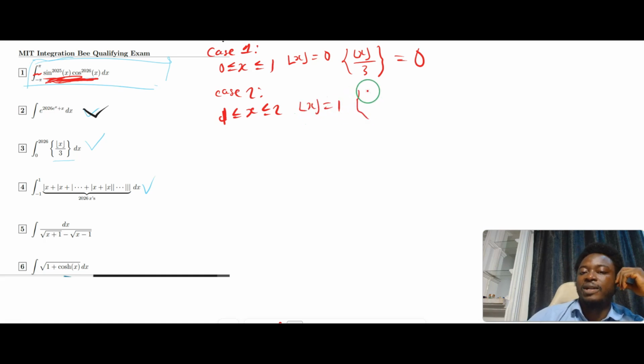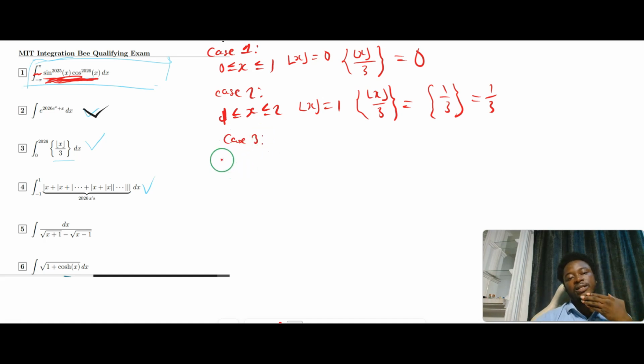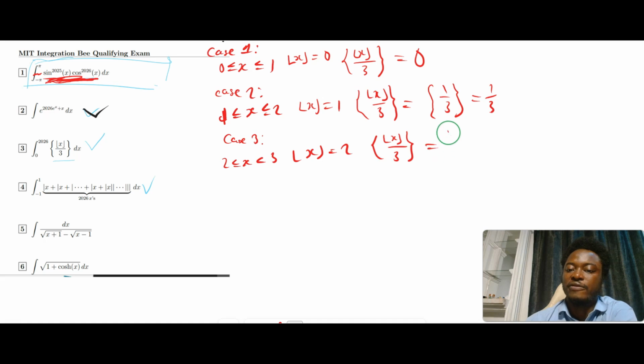So the fractional part of the floor of x over 3 would be equal to the fractional part of 1 over 3, and this will be equal to 1 over 3. What about case 3? When 2 is less than or equal to x, less than 3, the floor of x would be 2, and the fractional part of the floor of x divided by 3 would then be equal to the fractional part of 2/3, which is equal to 2/3.